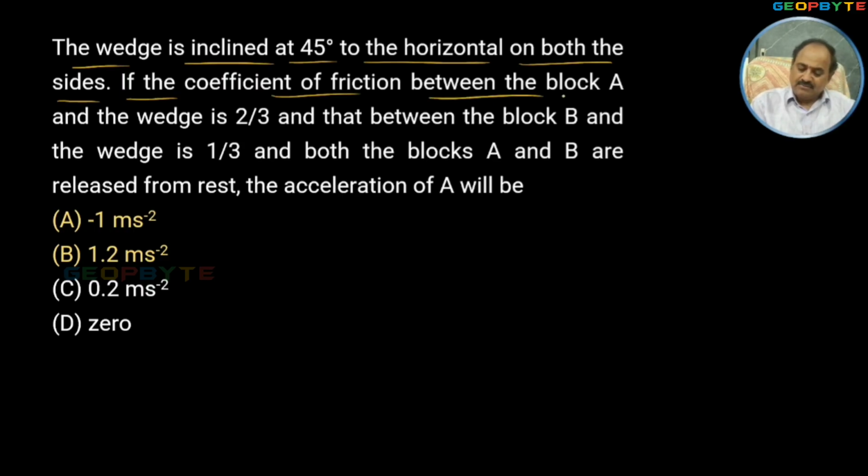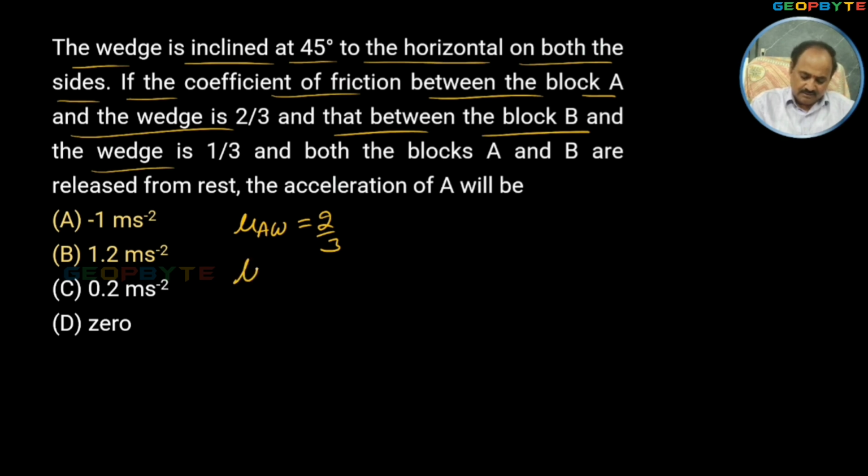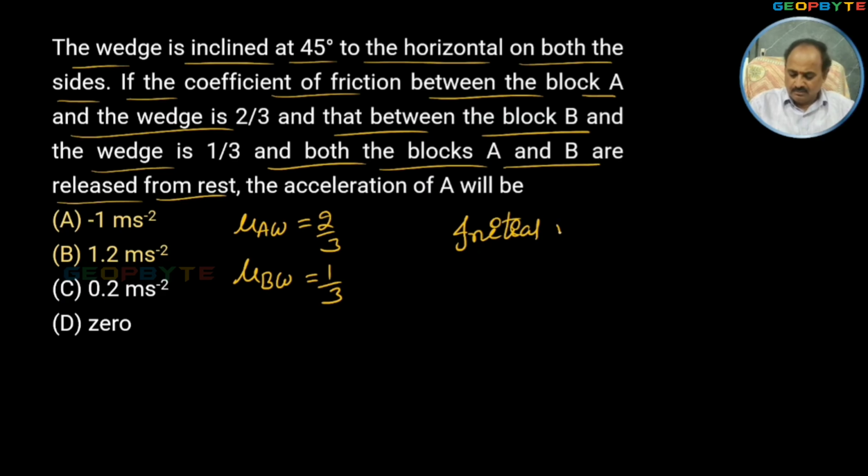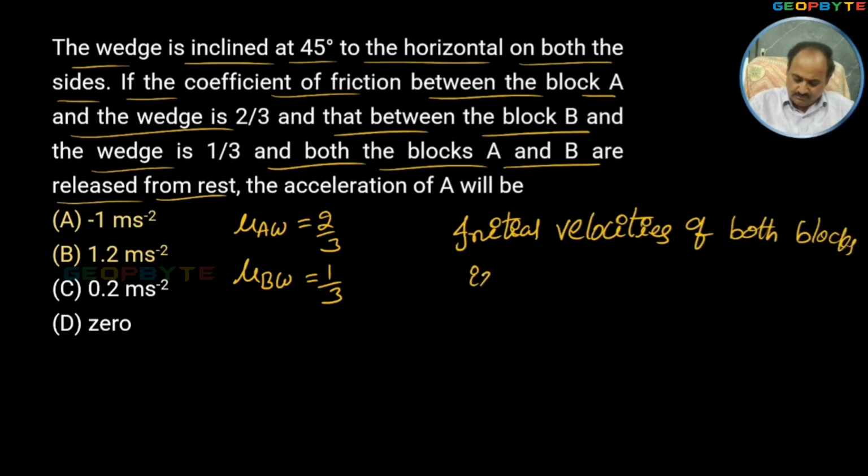If the coefficient of friction between block A and the wedge is 2 by 3, and that between block B and the wedge is 1 by 3, and both blocks A and B are released from rest, that means the initial velocities of both blocks are 0.